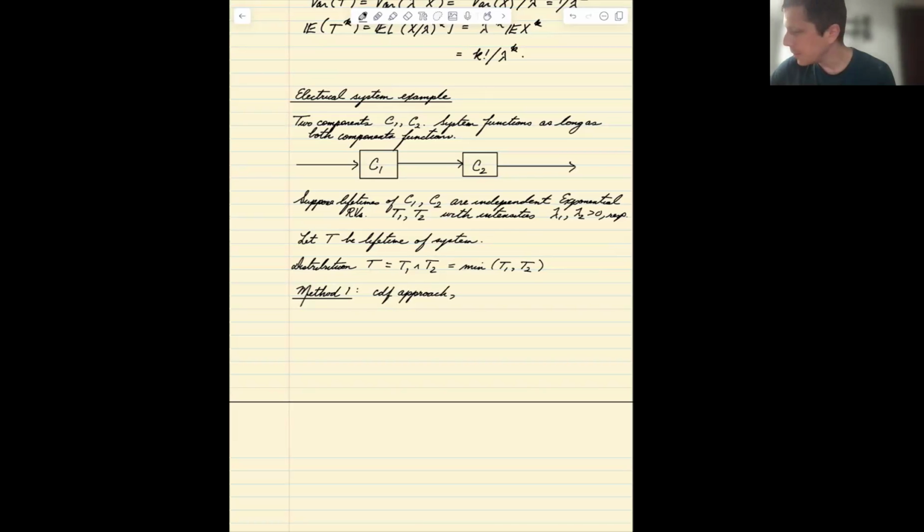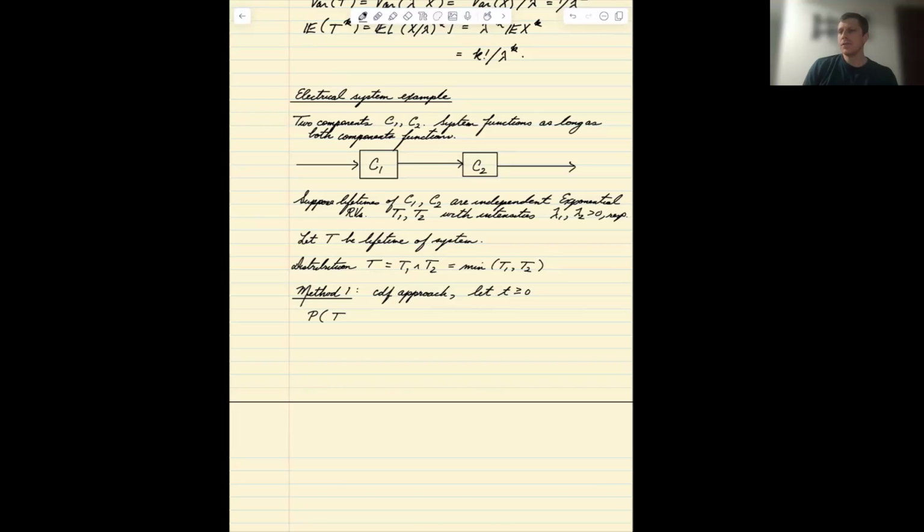If we let t be some potential lifetime, do we want to calculate the probability of T being less than or equal to t, or bigger than t? So do we want to calculate survival probabilities or cumulative probabilities? Technically it doesn't matter, because the distribution will be determined by either.